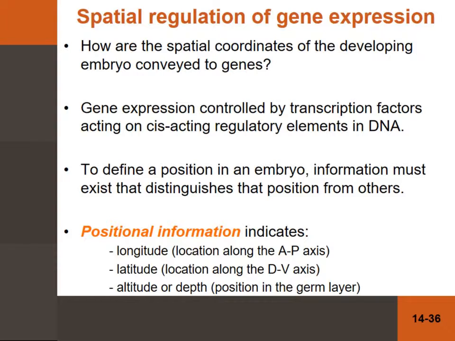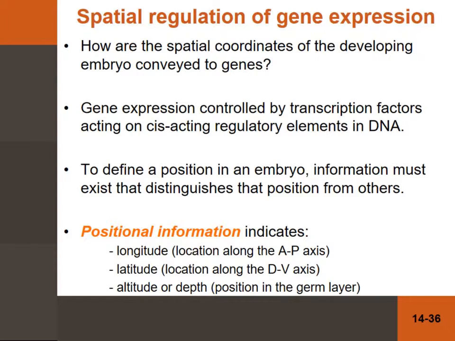As we said earlier, gene expression is controlled in many cases by transcription factors, and these transcription factors act on regulatory elements in the DNA of other genes, so they're referred to as cis-acting regulatory elements. These cis-acting regulatory elements may be in the promoter of the gene, or they may be even further upstream of the gene itself.